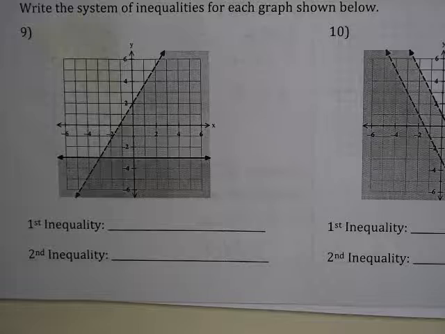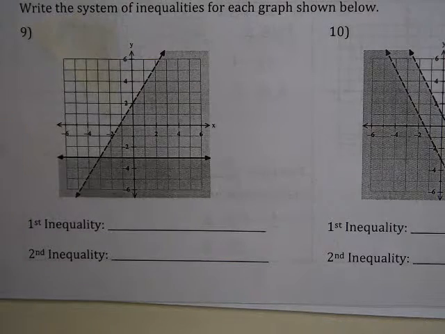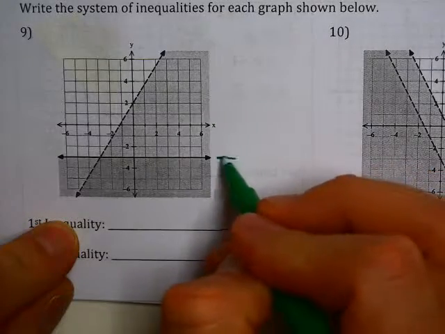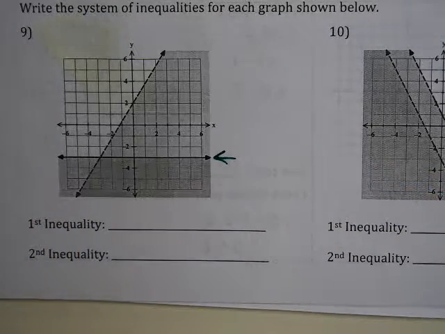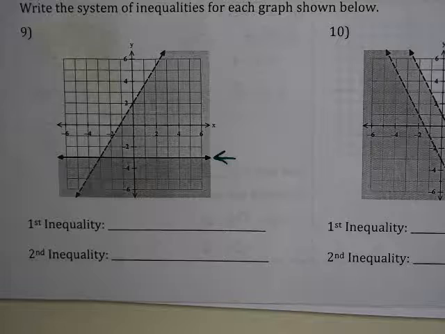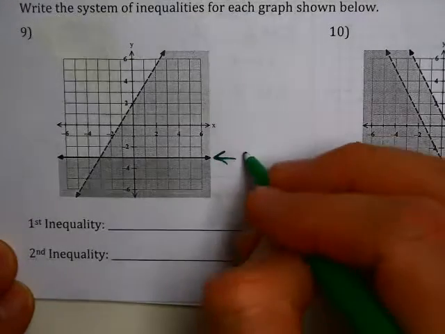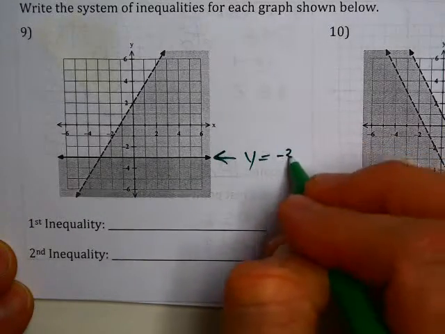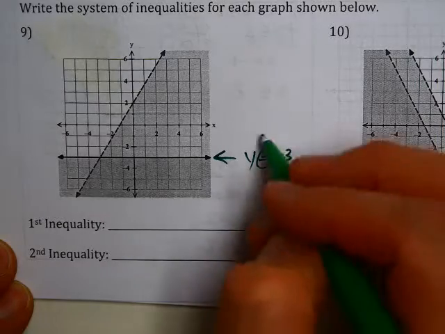Let's take this horizontal line as our first inequality, number 1. How would I write that as an inequality? Is that going to be an x or a y equal? Y, correct, because it's horizontal. What does y equal? -3. Right, y equals -3, but that's not what we want, because this has to be an inequality.